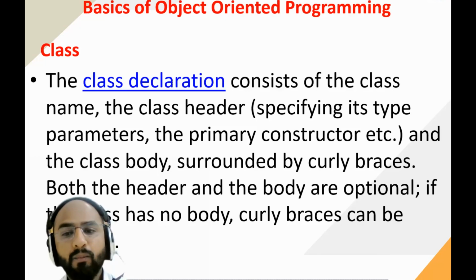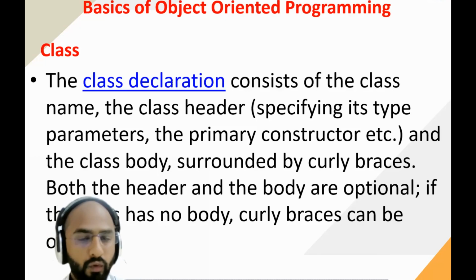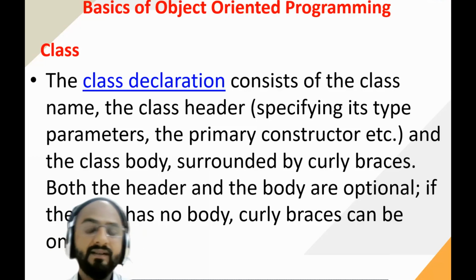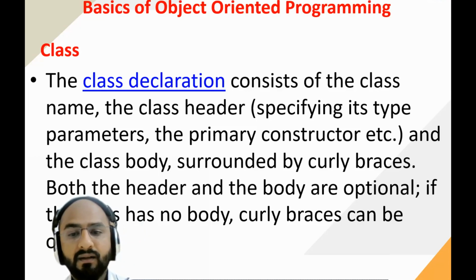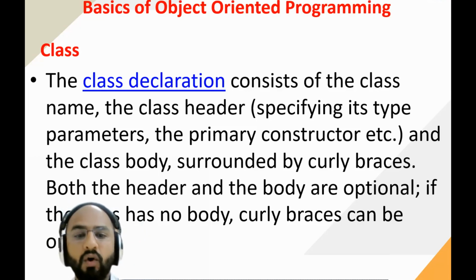Both the header and the body are optional in Kotlin. Kotlin is very easy to understand, syntactically also. So if you are creating a class, you can omit the class header and class body in the Kotlin language. This is what the syntax of the Kotlin language is. If the class has no body, curly brackets can be omitted, right?